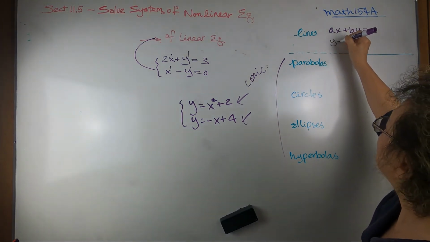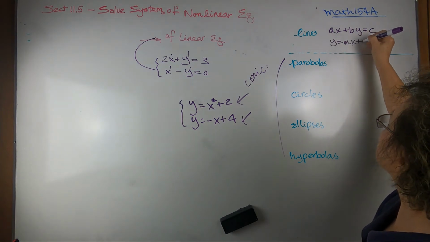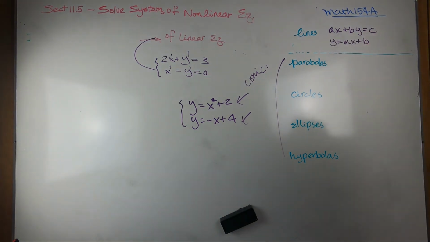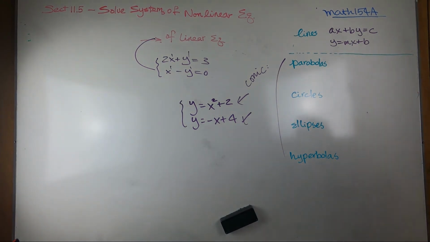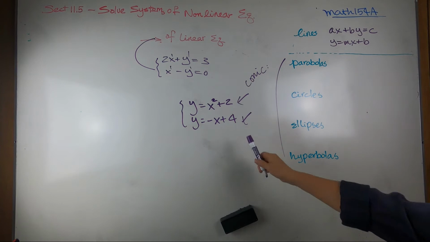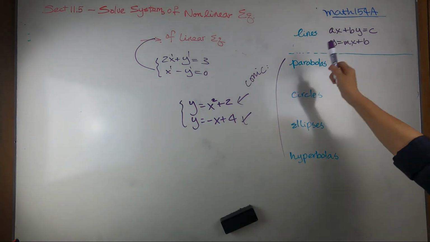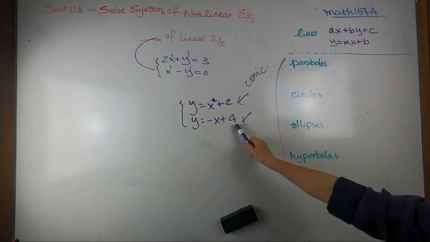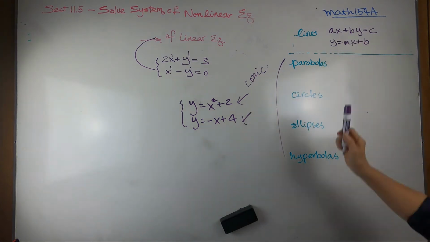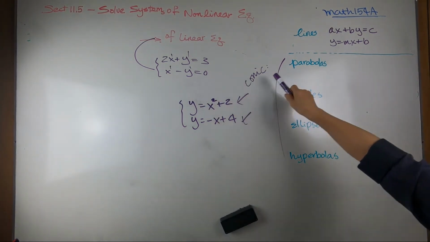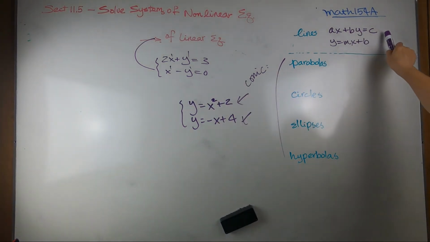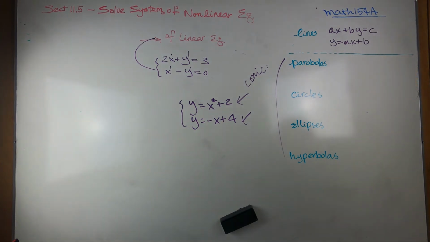Or we can write y equals mx plus b in slope-intercept form. That would be a line.